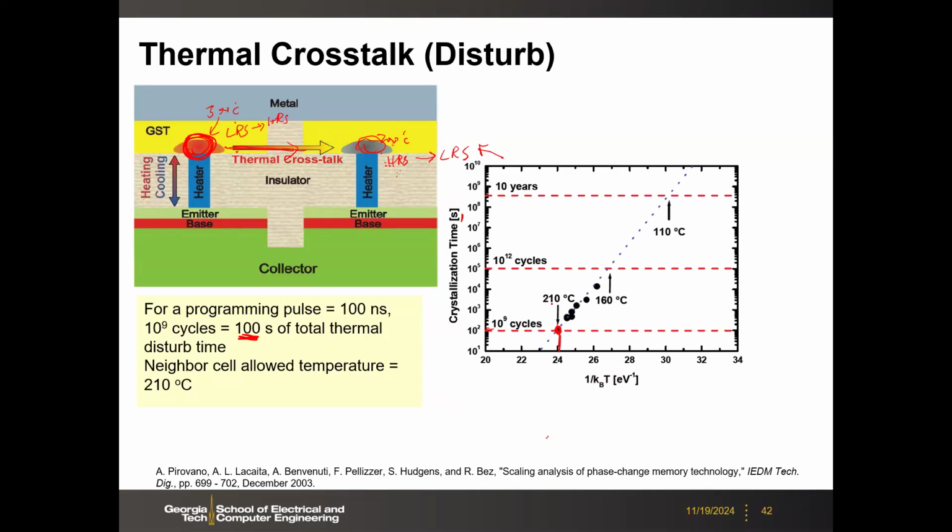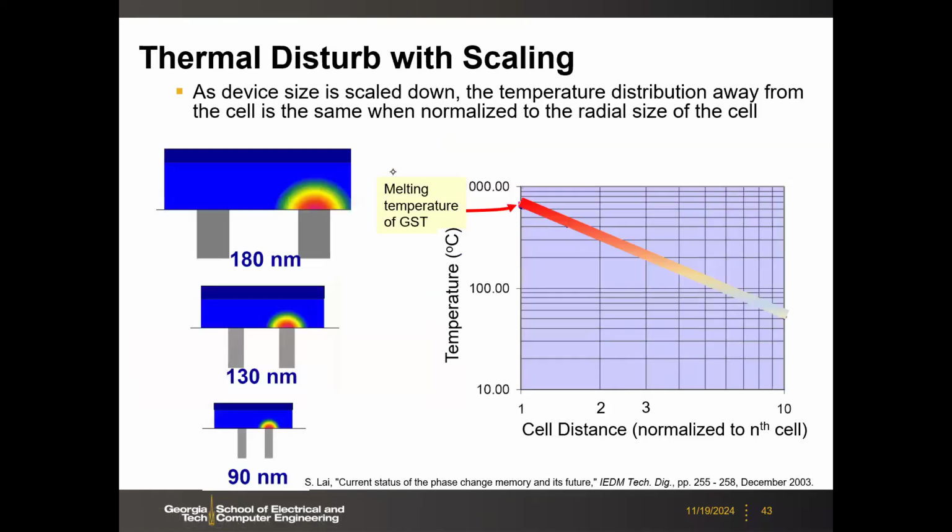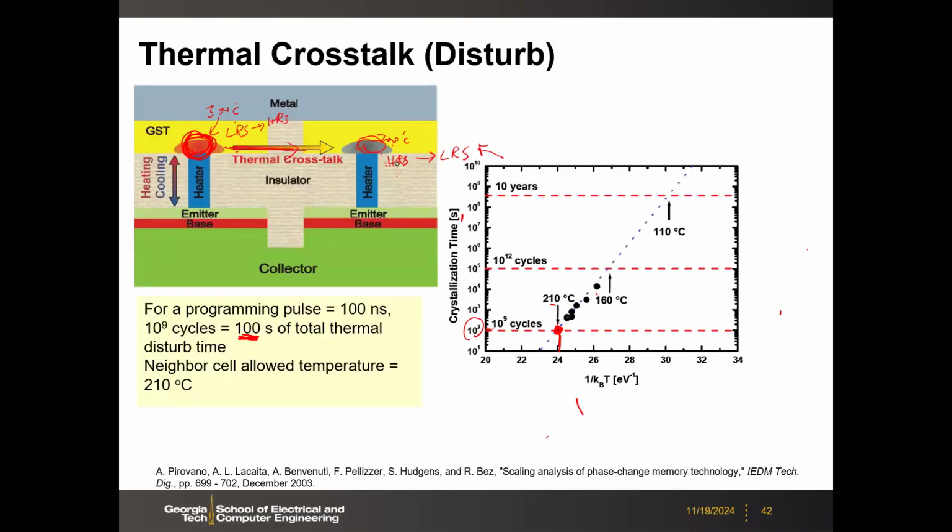You have to convert back to degrees C, which is 210 degrees C. So that means this cell can sustain 100 seconds at 210 C, which corresponds to the 10 to the power 9 cycles you are doing here. And after that, this device will change from the high resistance to the low resistance state.